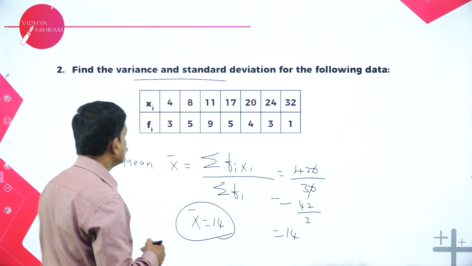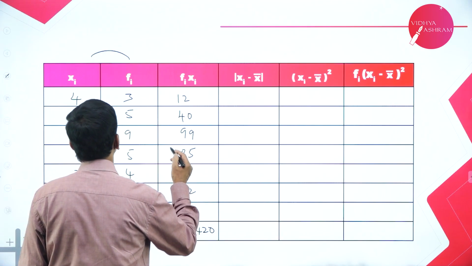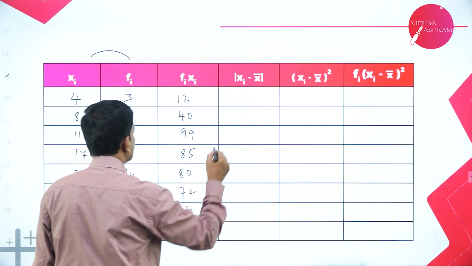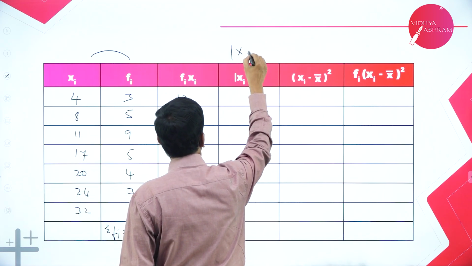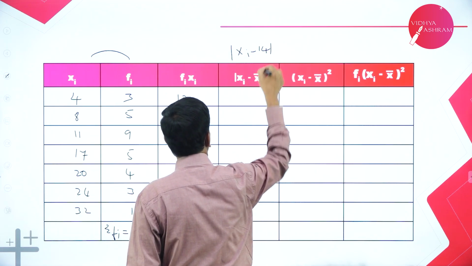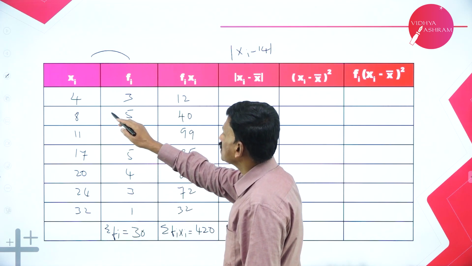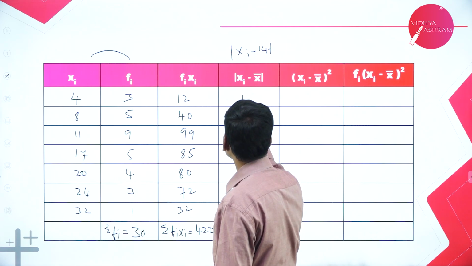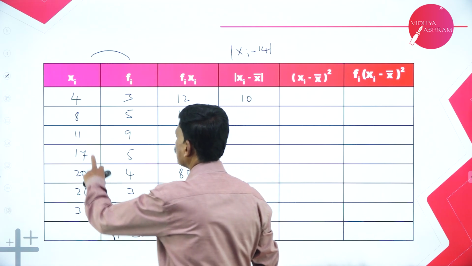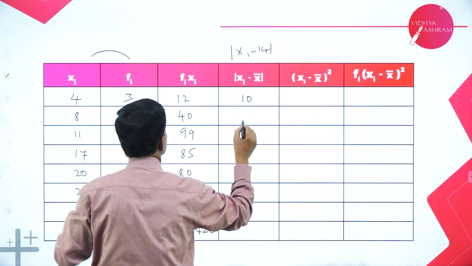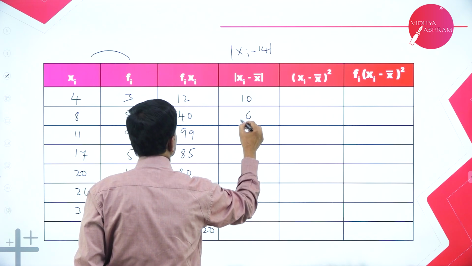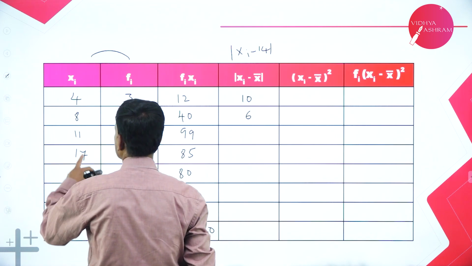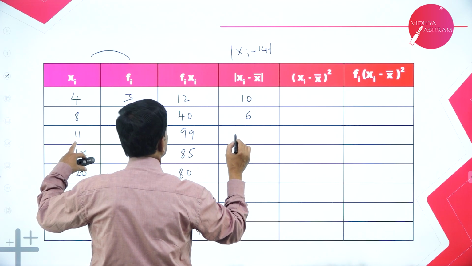Right. Now next is mod of xi minus x bar, where x bar is 14. Subtract 14 from this. 4 minus 14 is minus 10. Minus 10 is nothing but plus 10. So 8 minus 14 is minus 6, that is modulus of minus 6 is plus 6. 11 minus 14 is minus 3.